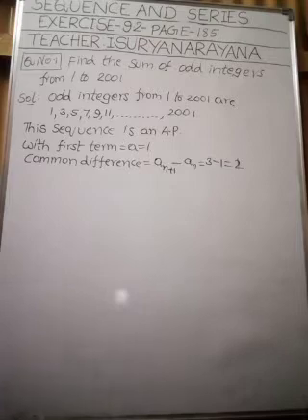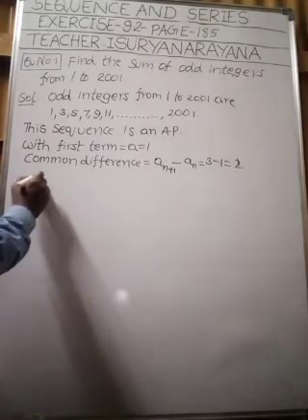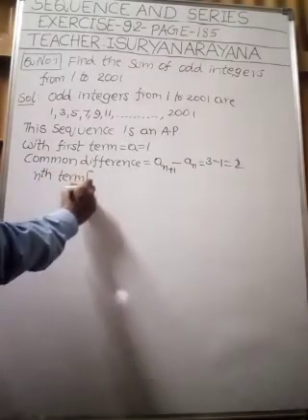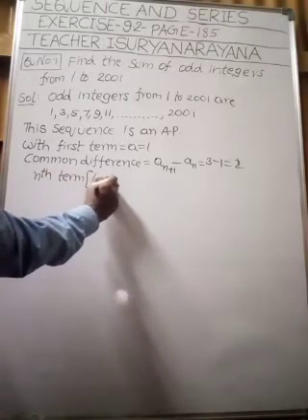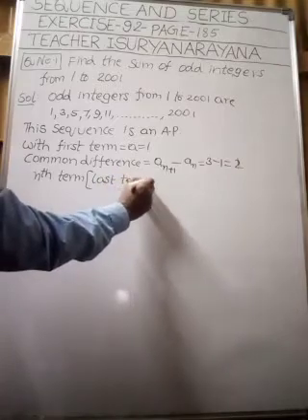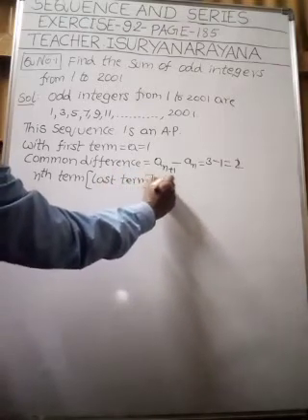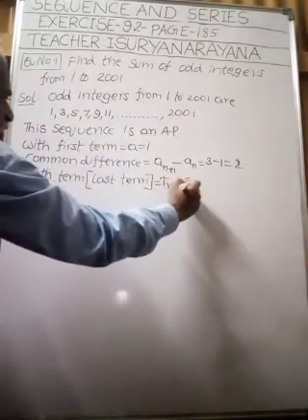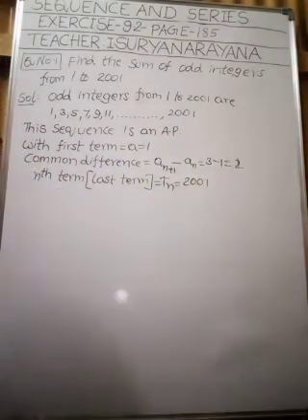The last term or nth term of this sequence, Tn, that is 2001. This is the last term, or you can write L also.